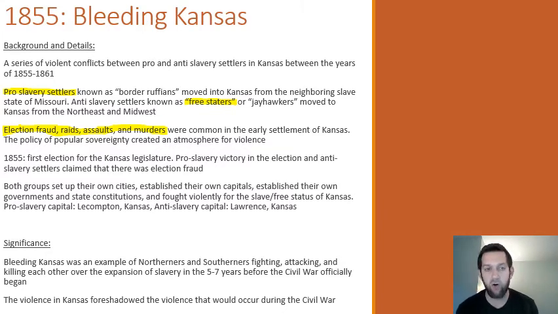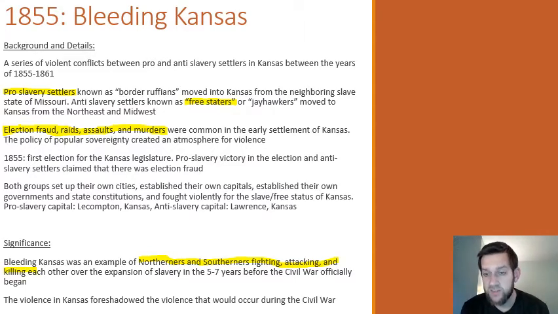Now, I wouldn't go that far, but basically what Bleeding Kansas shows you is that in the 5 to 7 years prior to the Civil War, Northerners and Southerners were fighting, attacking, and killing each other over the issue of slavery.